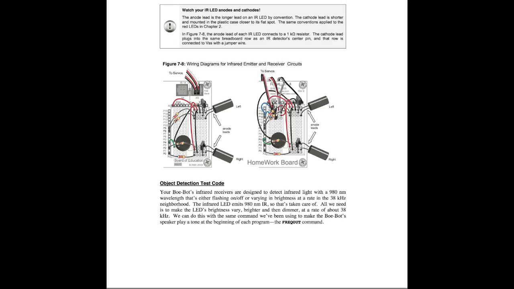So the middle leads on the transistor are ground, so we'll ground those all together. And then the far left lead will be the power. They designate the power with red. It'll be jumpered with the right pin on the other receiver, and then that will be jumpered into VDD for the power.